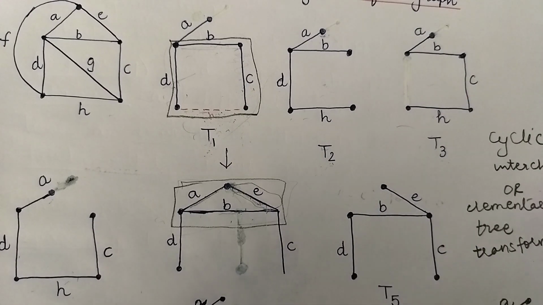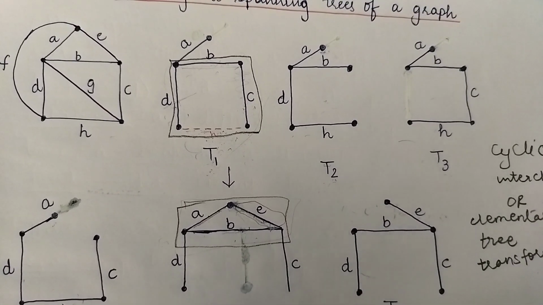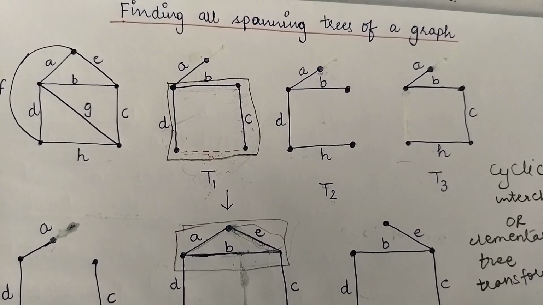This technique is called successive cyclic exchanges, and using these successive cyclic exchanges we can start from any spanning tree of a graph and we can obtain all the spanning trees of the graph.